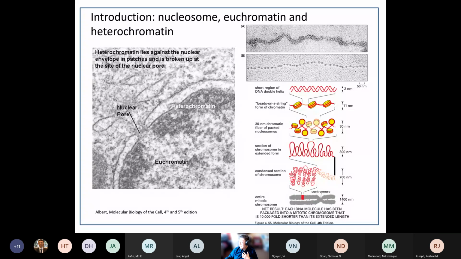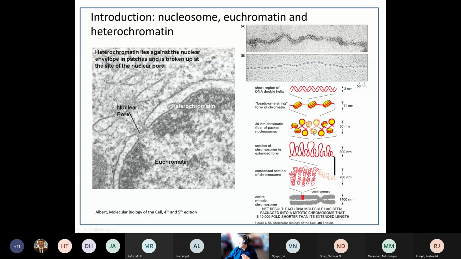You learned from cell biology that DNA is wrapped around the histone about two and a half rounds to form the nucleosome, and between the nucleosomes you have a naked DNA strand, right? That's the so-called beads on a string. That's the primary structure, and then it gets further packed to give you the 30 nanometer chromatin.